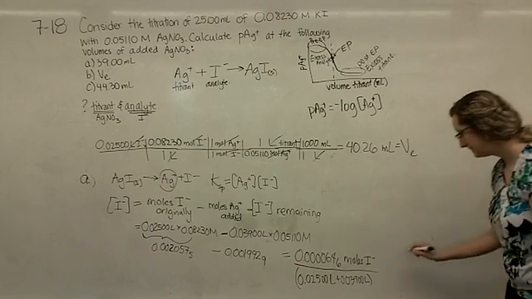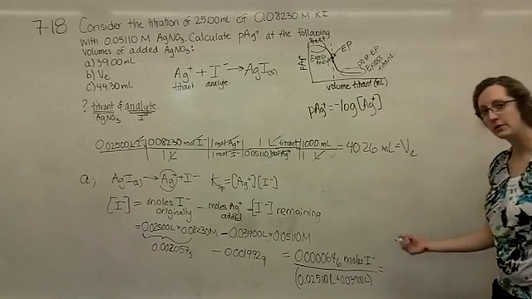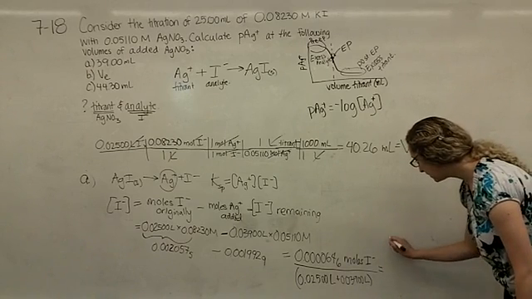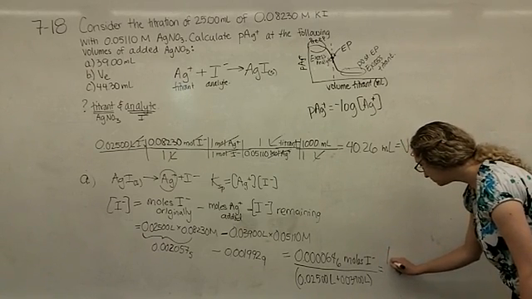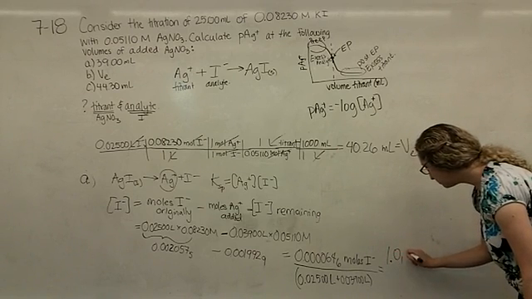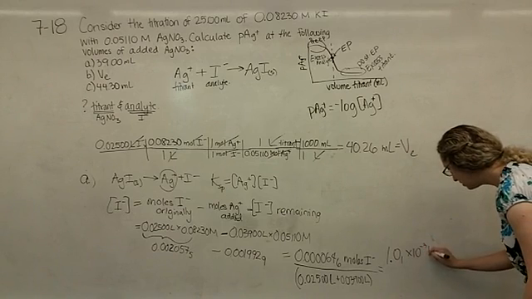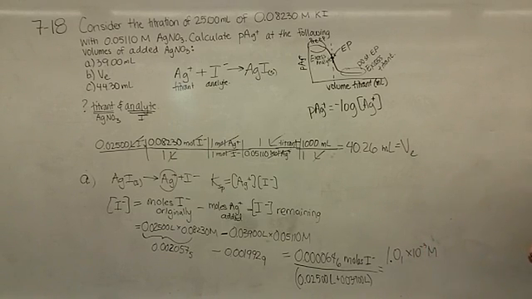So that's our volume, so now we have moles per liter, and the concentration that you will get is 1.01 times 10 to the negative third molar, and that's for our iodide.